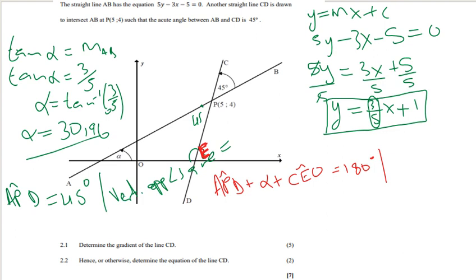Why? Because sum of angles in a triangle, sum of angles in a triangle, yeah.